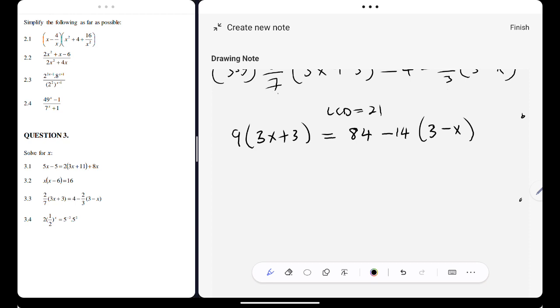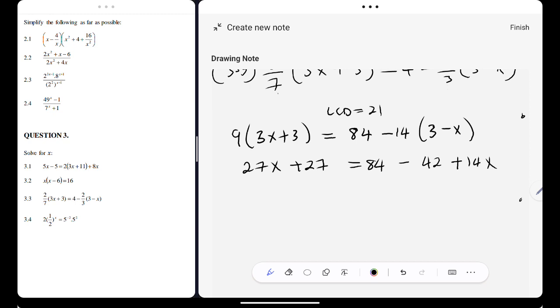All I have is brackets. I need to remove them as well. 9 multiplied by 3 is 27x, plus 27. I have 84. 14 multiplied by 3, I think it's 42, plus 14x.